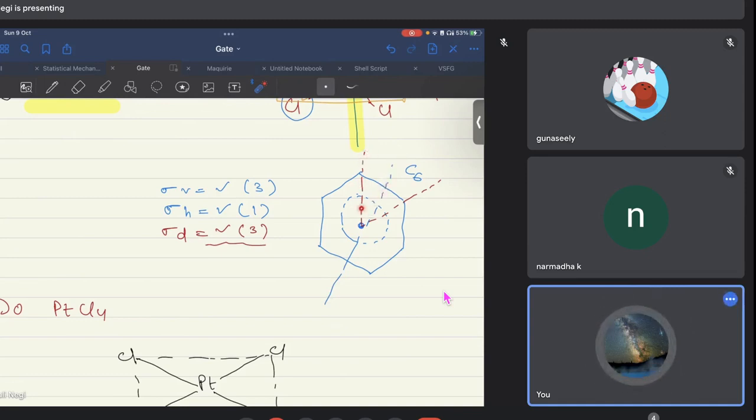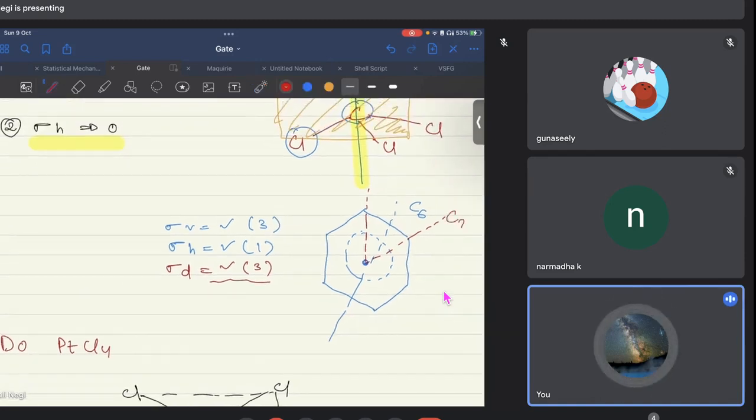Because these two red ones are the C2 axis, or this is a plane also containing the principal axis C6 here, so this will be sigma v, and this one is sigma d, dihedral.